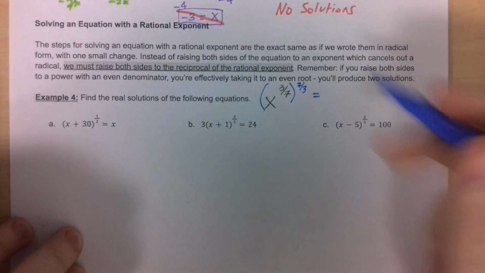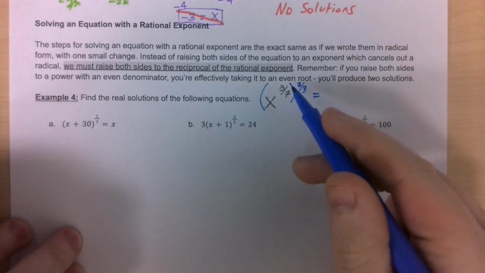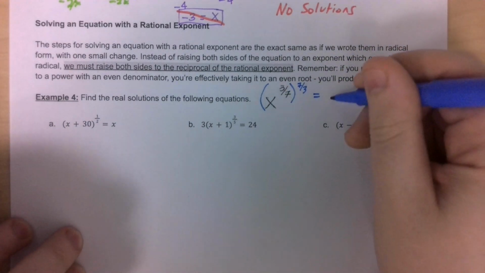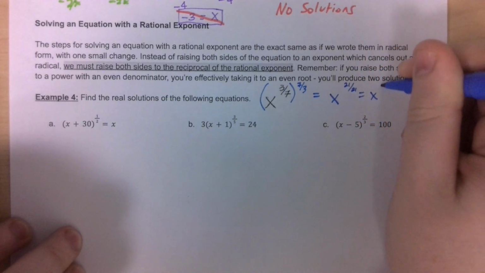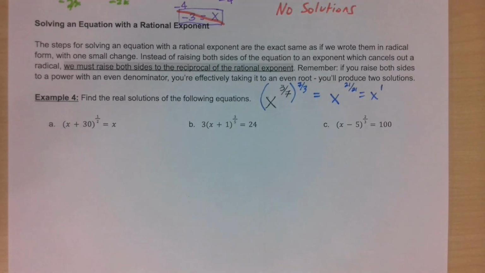Our exponent rules say that we would multiply everything, right? So we do 3 times 7, 7 times 3. That's x to the 21 over 21, which is just x to the first. That's what cancels out a rational exponent. So always take it to the power of the reciprocal.